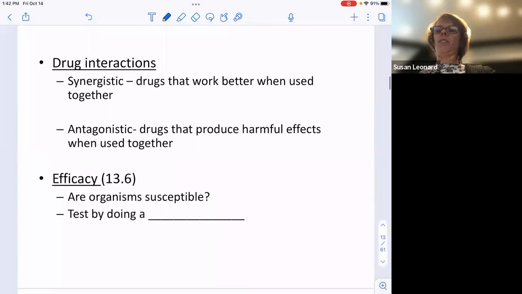Also need to think about interactions. Obviously sometimes when you give two drugs, there may be a harmful interaction. We would call them antagonistic. Sometimes we might always give two different drugs together because they work together and bring the patient back to health much more quickly. And we'll give some examples of that in a little bit.